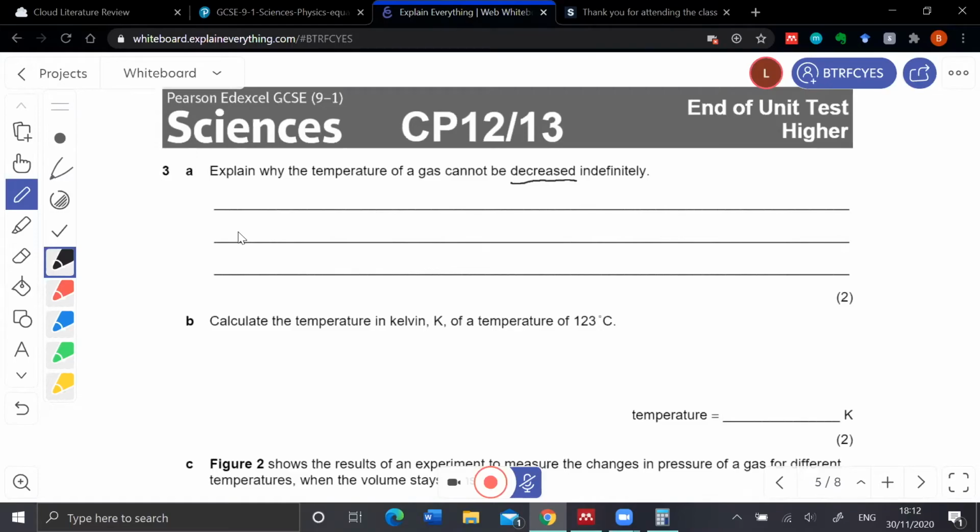There's a bit of a hint here, because I mentioned something earlier, absolute zero. So let's start writing that. The colder a gas becomes, the slower the particles move.